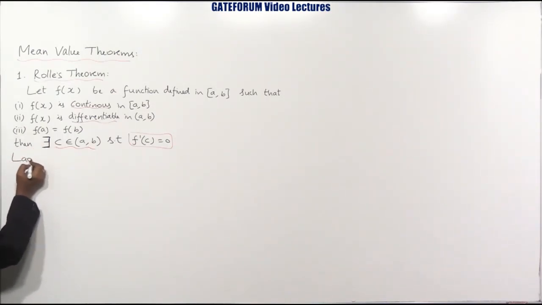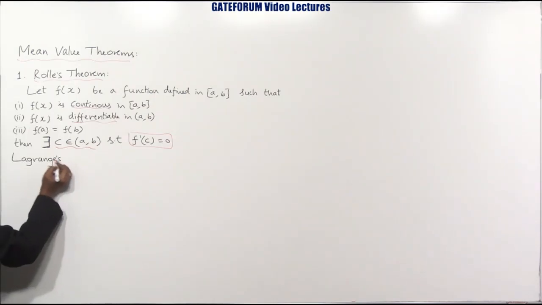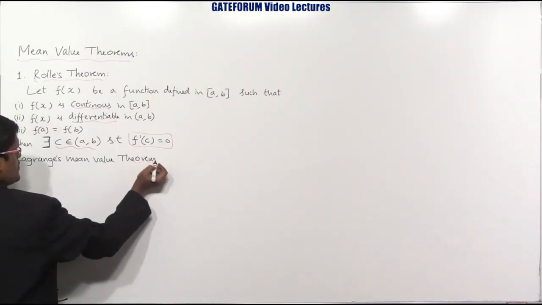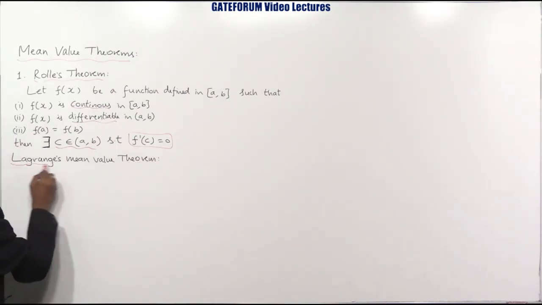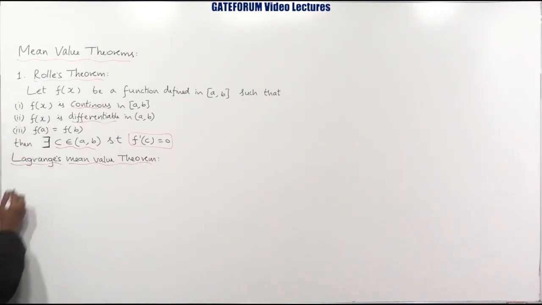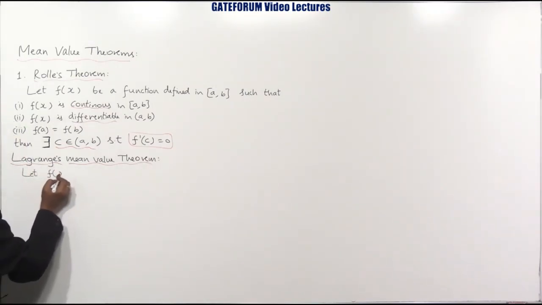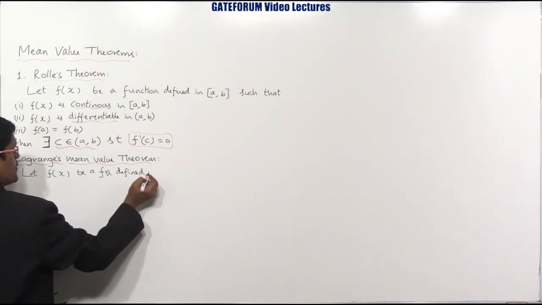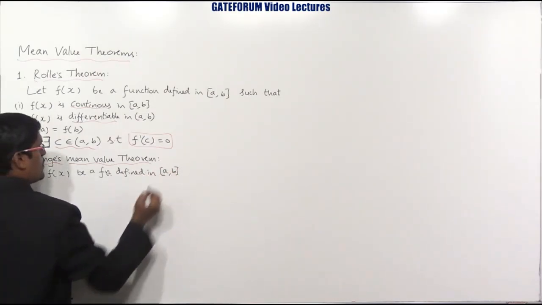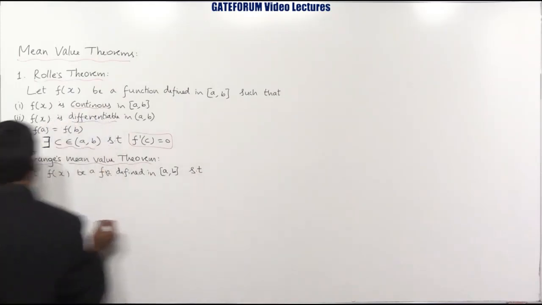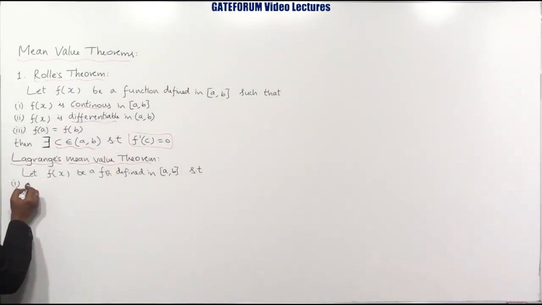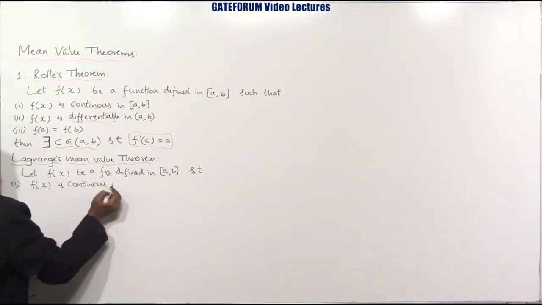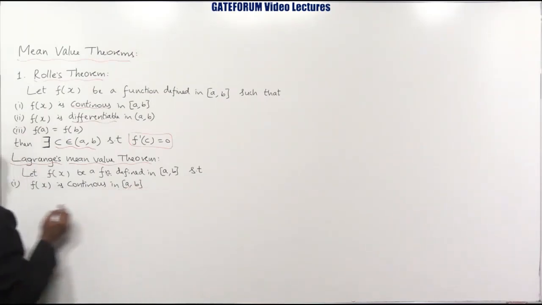Next, Lagrange's mean value theorem. Let f of x be a function defined in the closed interval a comma b such that number one, f of x is continuous in the closed interval a comma b.